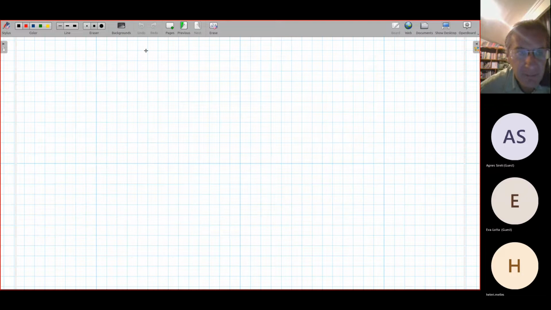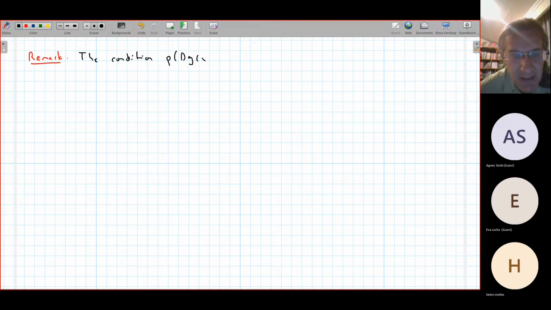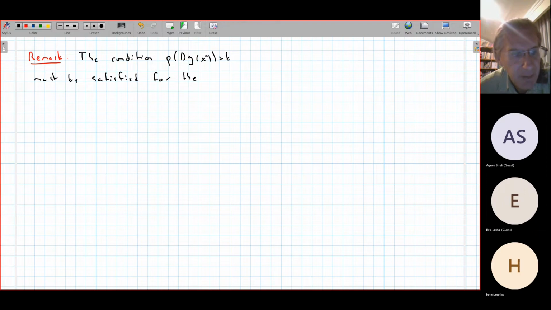So, okay, I'm going to mention this. The condition, the rank of the derivative of g at x star equal to k, must be satisfied for the conclusion of Lagrange's theorem to hold.